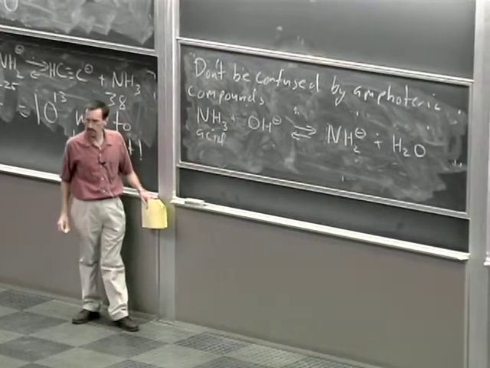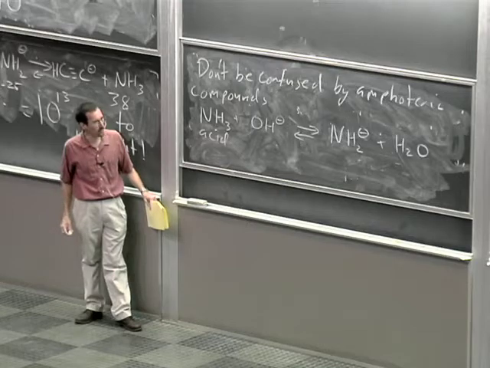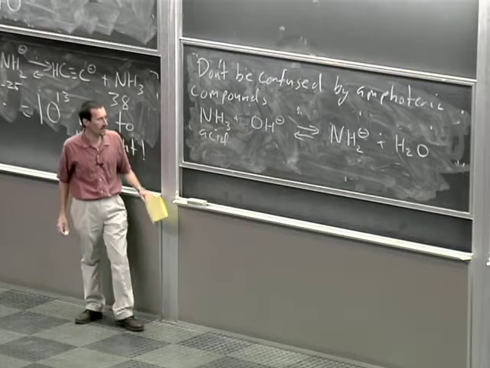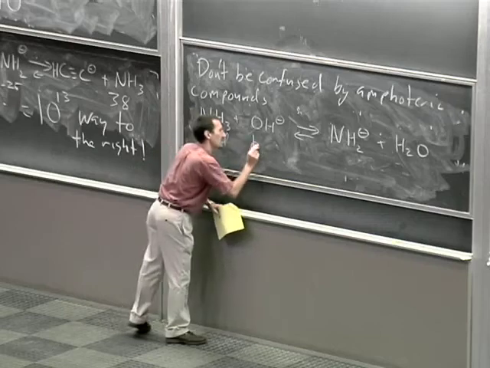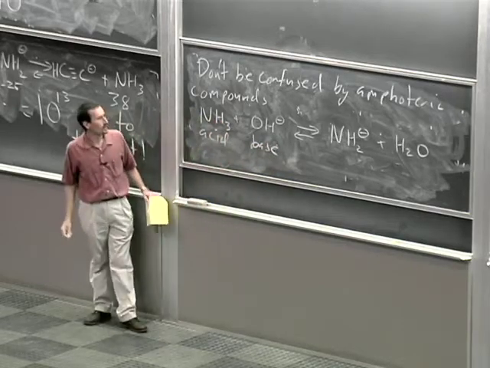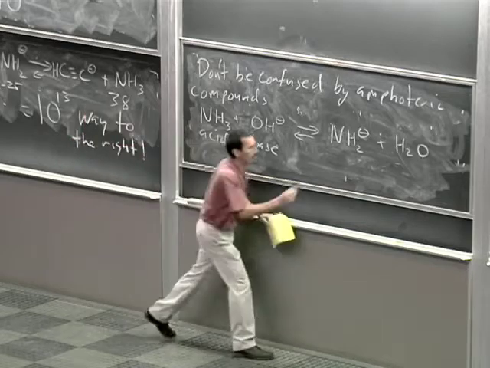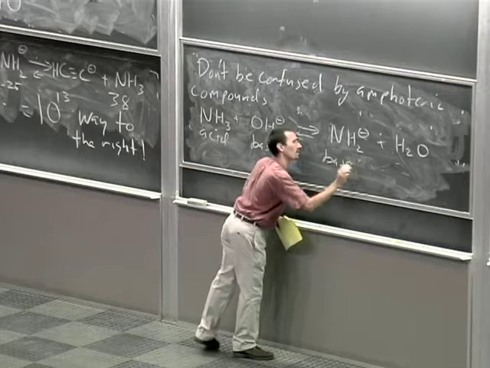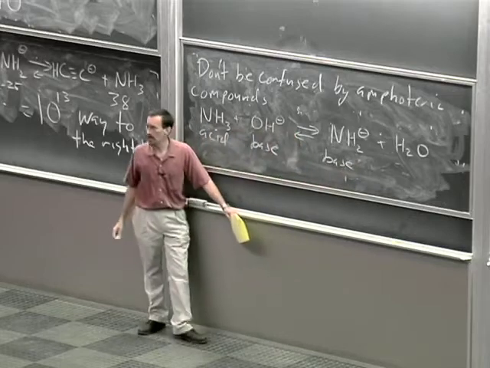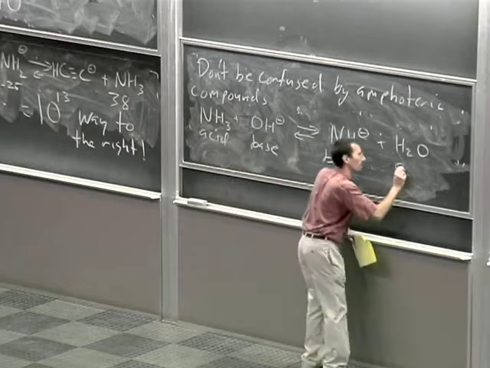We're not accepting a proton to form ammonium ion. We're releasing a proton to form amide anion. Hydroxide is acting as a base. The conjugate base of ammonia is amide anion. The conjugate acid of hydroxide anion is water.